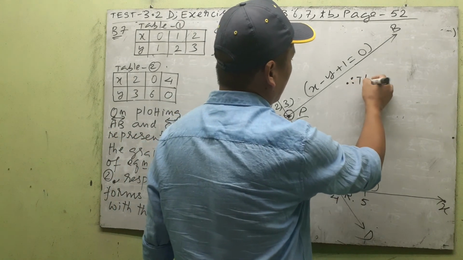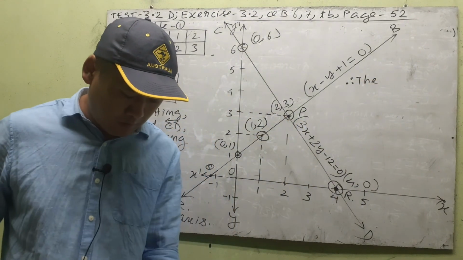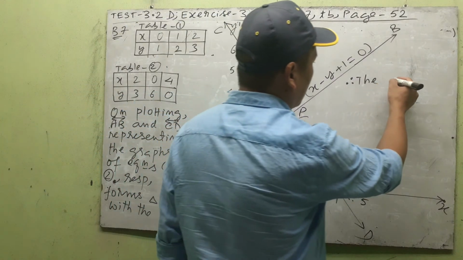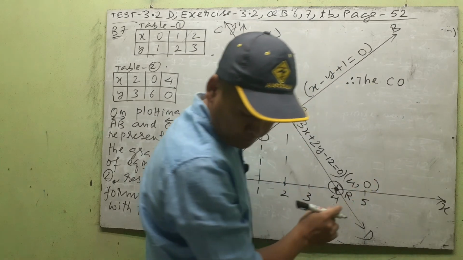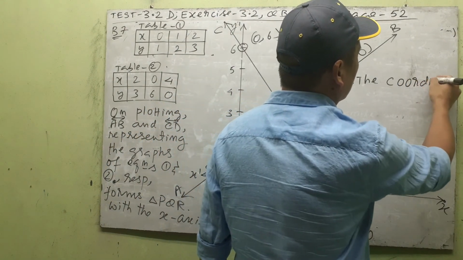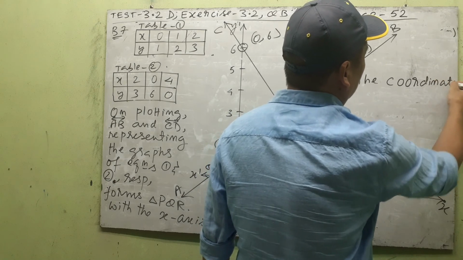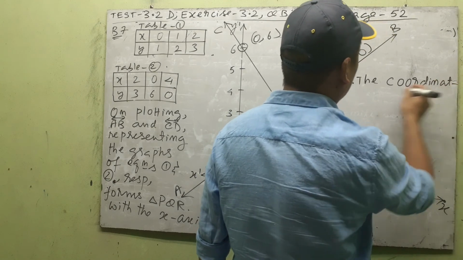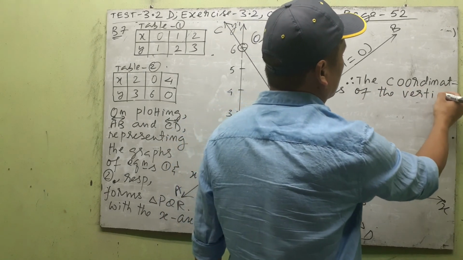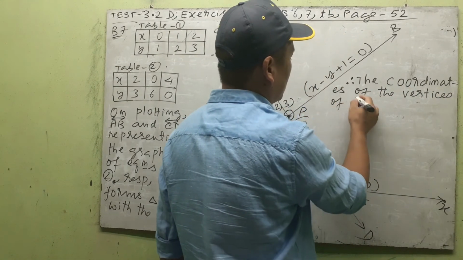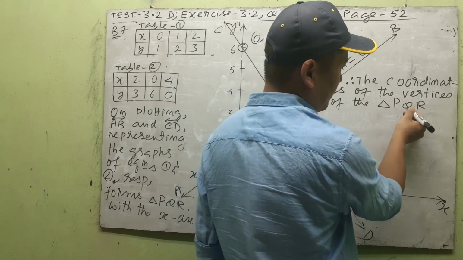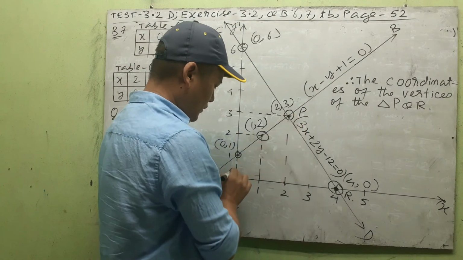Therefore, go back to the question: determine the coordinates of the vertices. So the coordinates of the vertices of the triangle PQR are the 3 points P, Q, R. The sharp points in the triangle are called vertices.